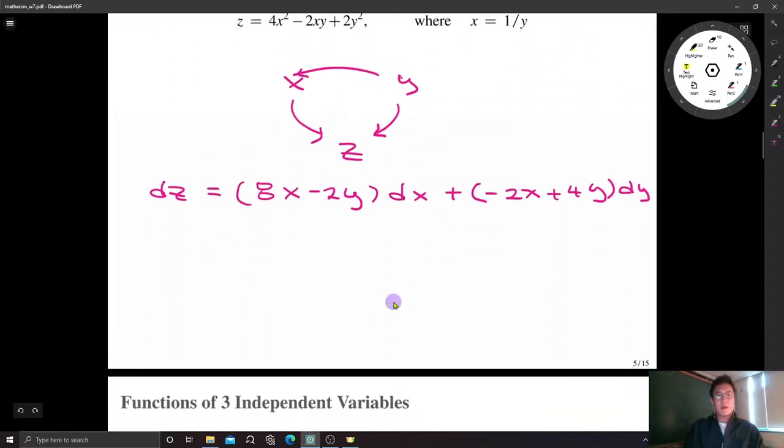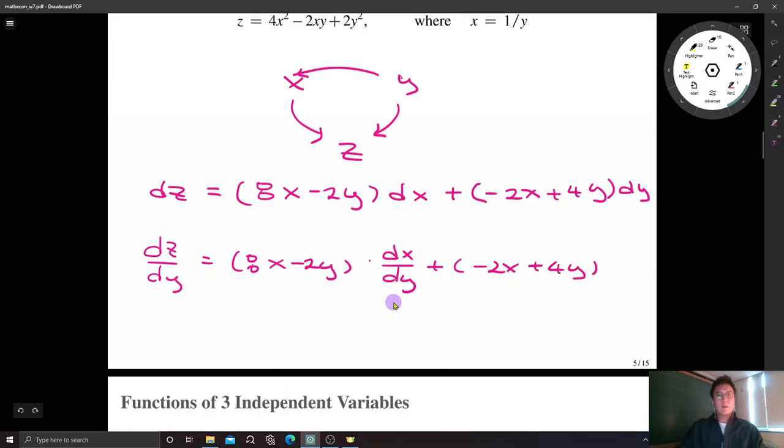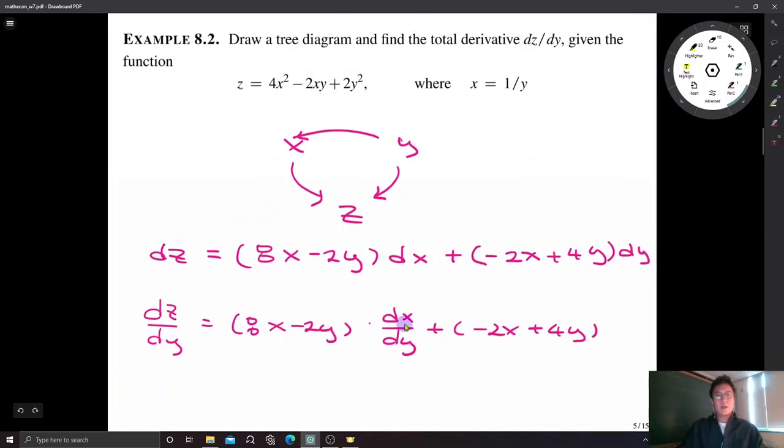So let me divide it by dy, to obtain this.